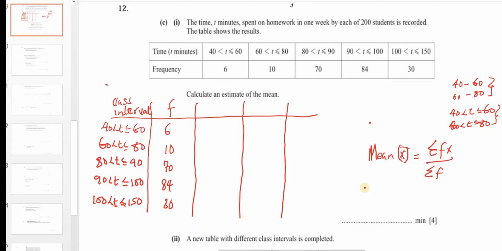If this is the formula for the mean, we need to create a column for x, which is what is referred to as the mid value, since what we have here is a group data. So the mid value is x.